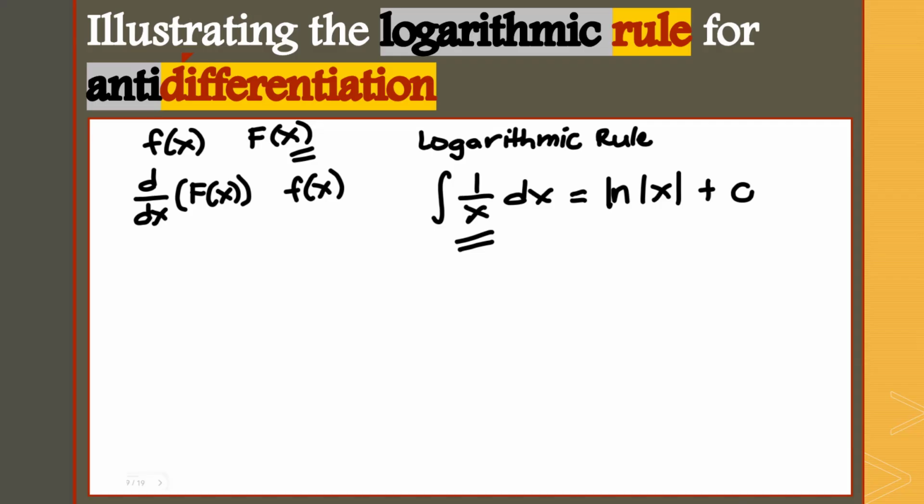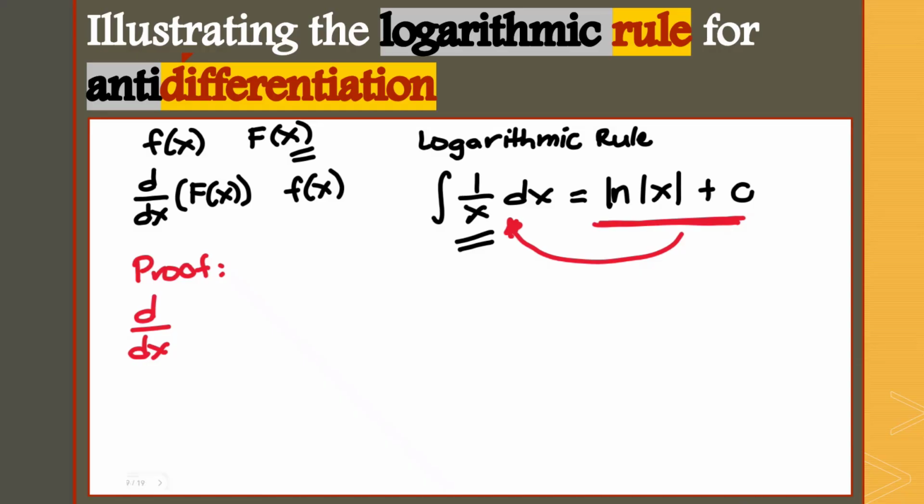Of course, let's try to show that here. Let's prove that if we take the derivative of your given result and it returns the integrand, that means this rule is actually true.